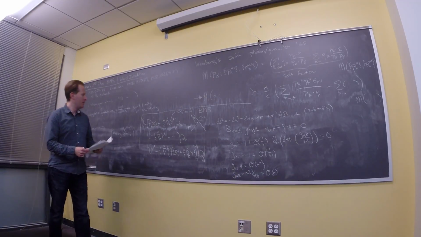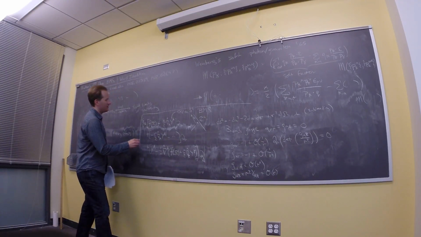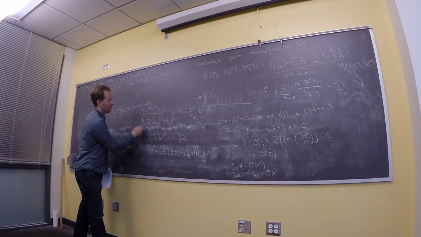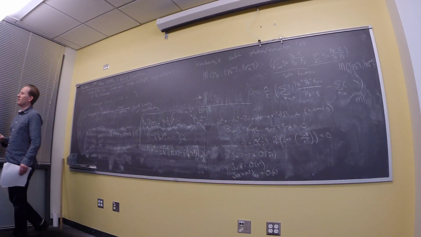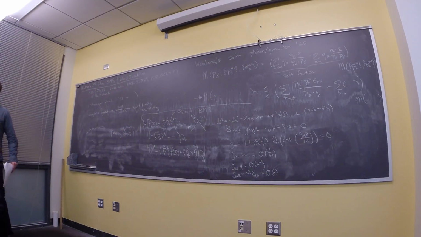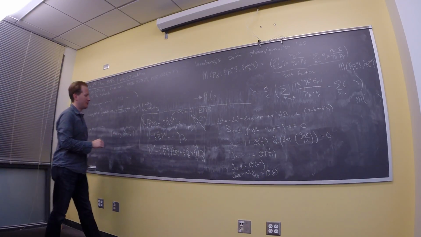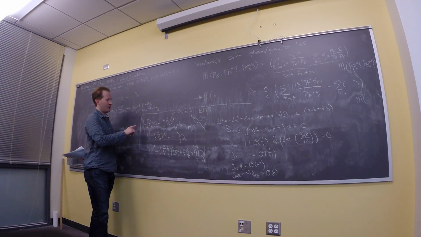So the idea is that... What was this distinction between supertranslations and superrotations? So I have two sort of parameters in my vector field.